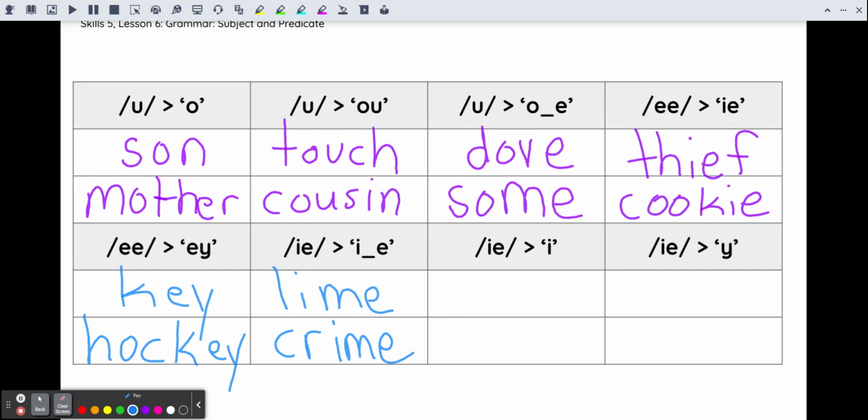Well, no, we have I spelled with an I. So the I sound spelled with an I. So you have the word final and the word item.